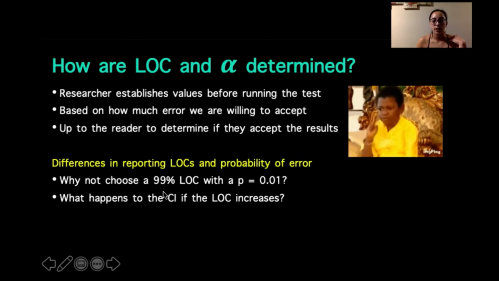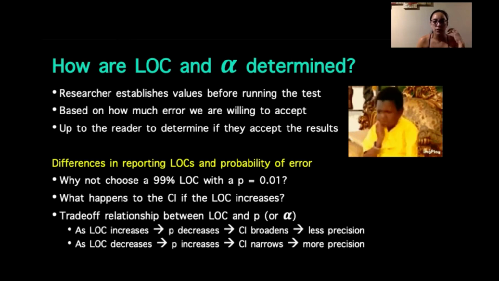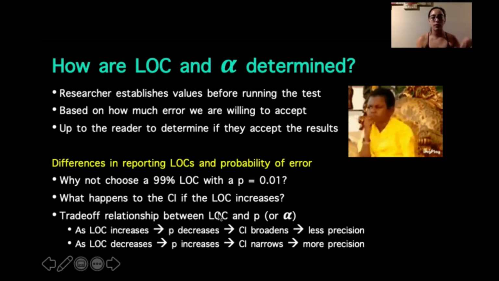So this is kind of the question that I just addressed, right? What happens if our level of confidence increases? So let's say we go from 95 to 99, our confidence interval increases, or the width of it increases, meaning less precise. So you can see that there's kind of a trade-off between how confident you want to be or how precise you want to be with your interval and how much error you're willing to accept.